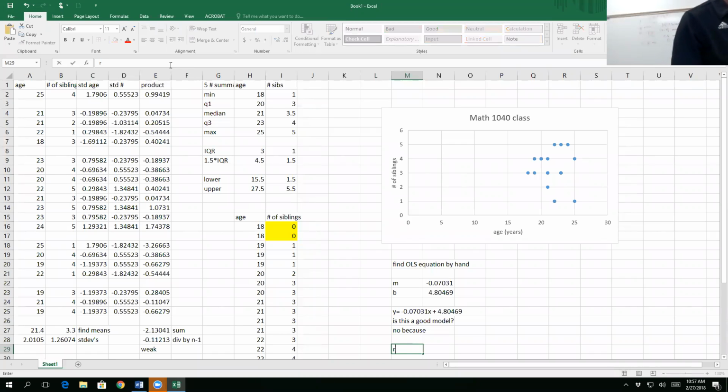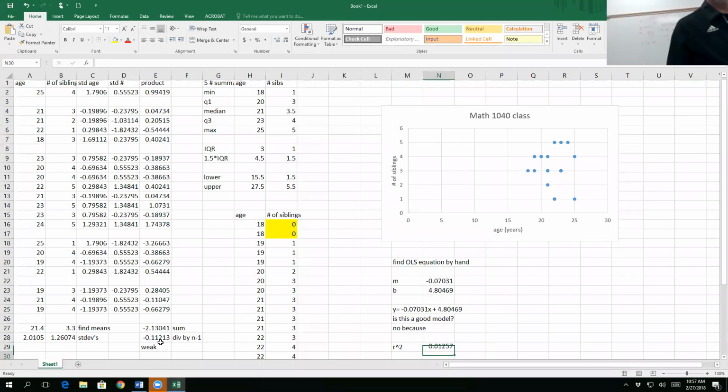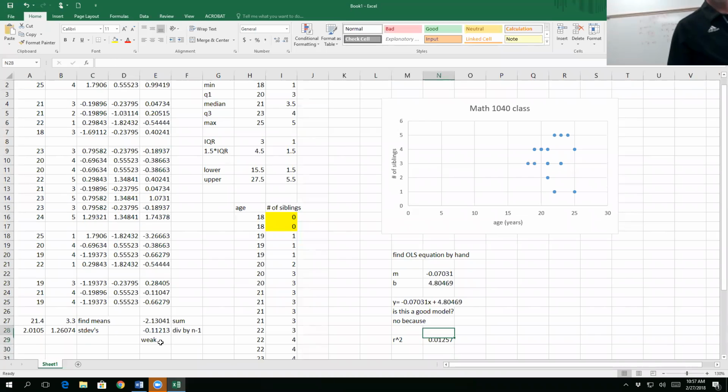Correlation squared. So the R squared in this case equals negative 0.11 squared, right? So that's the answer to the no because.